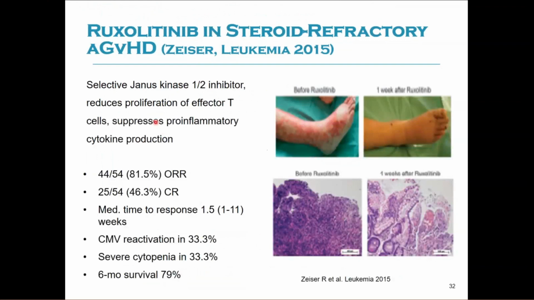Ruxolitinib is a selective Janus kinase 1,2 inhibitor which reduces the proliferation of effector T cells and suppresses the pro-inflammatory cytokine production. The study published by Zeiser et al. in 2015 demonstrated an impressive overall response rate of 81% and a complete response rate of 46%.